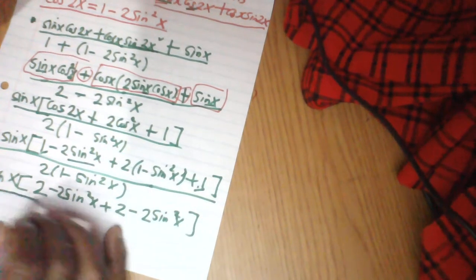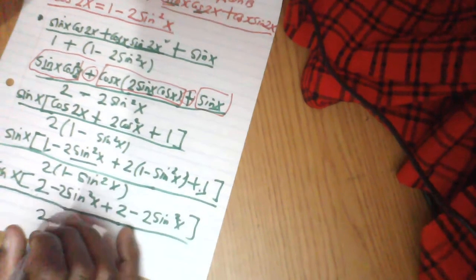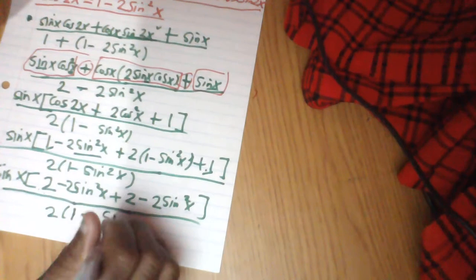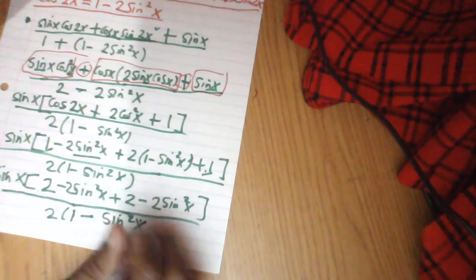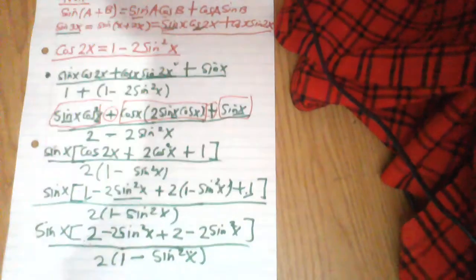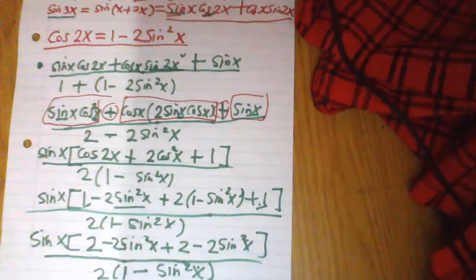Here we go. So now we say over 2 bracket 1 minus sine square x. So now look, 2 plus 2 equals 4. Negative 2 sine square minus negative 2, negative 4. Let me check in this page. Another page, shoot me.